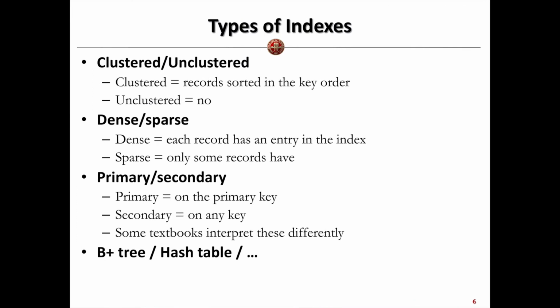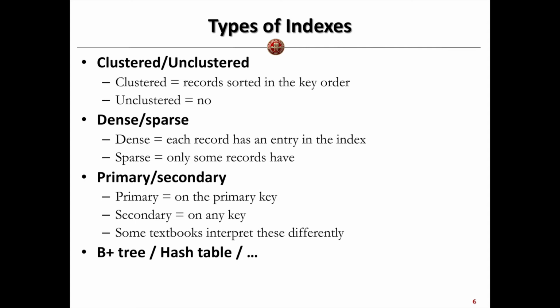Another type of categorization of the index depends on the density of the index. It can be either a dense or sparse index. Dense means each record has an entry in the index table. Sparse means only some records will have an entry in the index table. We'll provide you with some examples later. So these are dense tables versus sparse index tables.